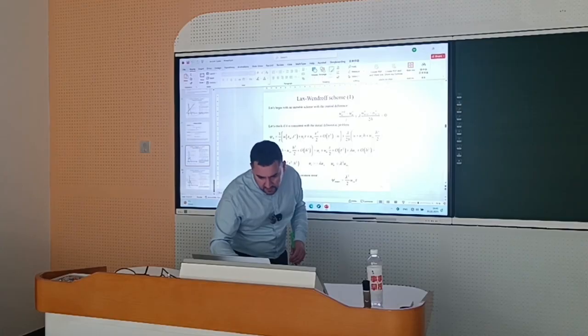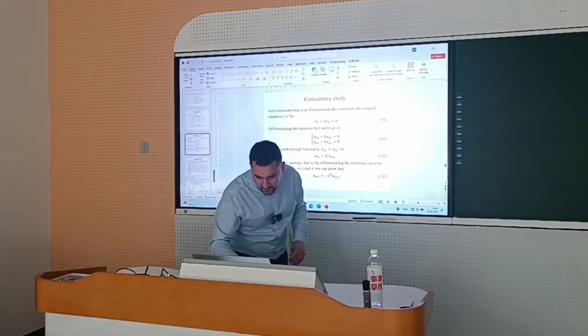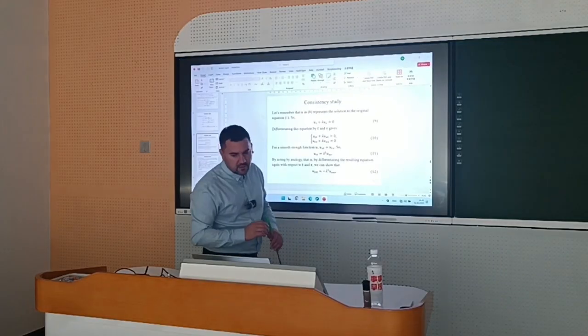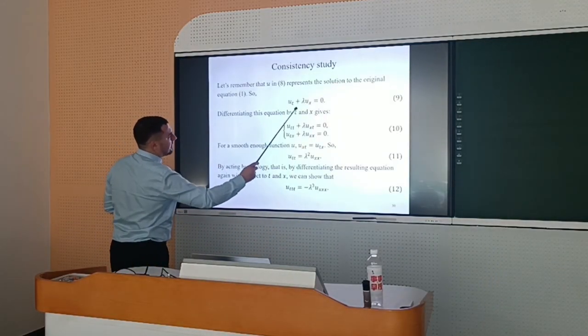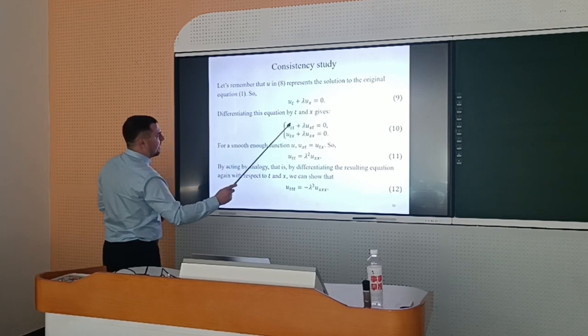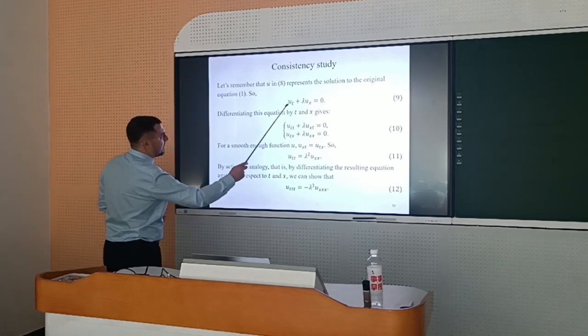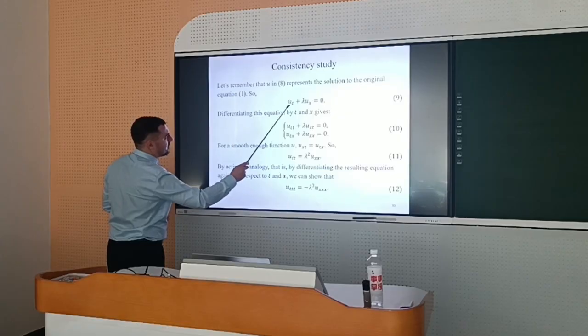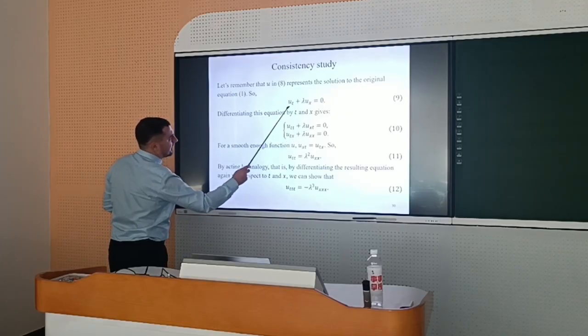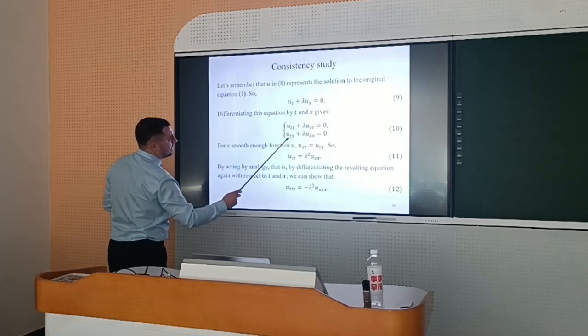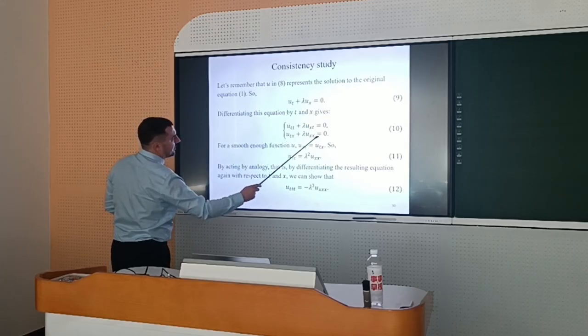Yeah, it's here. So we solve this equation: ut plus lambda ux equals 0. Then we can take the derivative with respect to t. So utt plus lambda uxt equals 0, and with respect to x, utx plus lambda uxx equals 0, right?